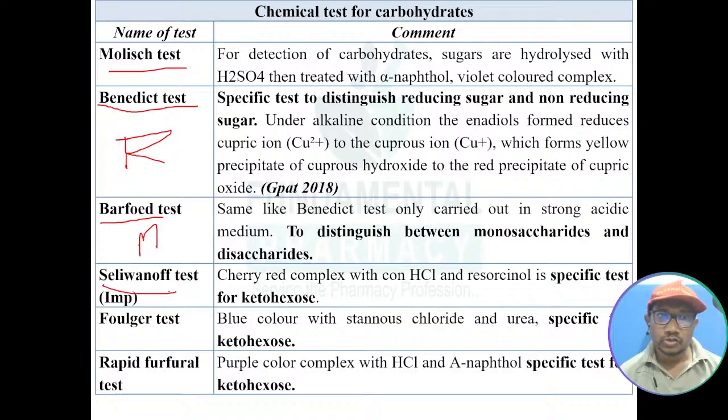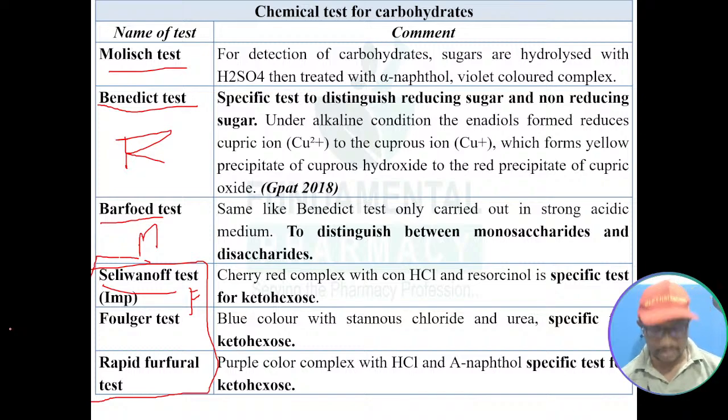Seliwanoff test is given positive by fructose or ketohexoses. The Seliwanoff test, Foulger test and rapid furfural test are three tests to distinguish between aldose and ketose sugar. If it is a sugar with a ketone functional group, the Seliwanoff test, Foulger test and rapid furfural test will all be positive.